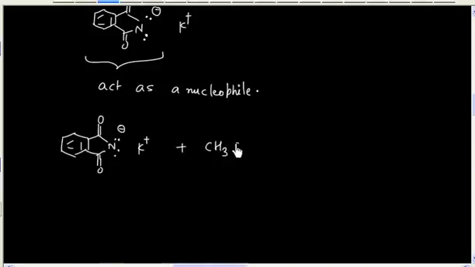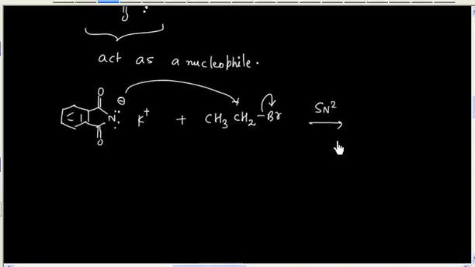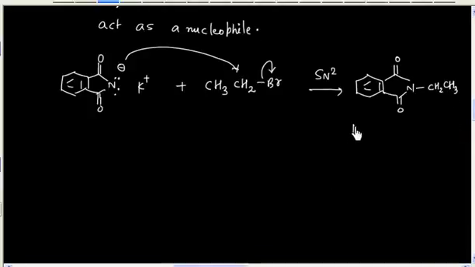We have ethyl bromide. So we will have an SN2 reaction, and the product will be N-ethyl phthalimide.